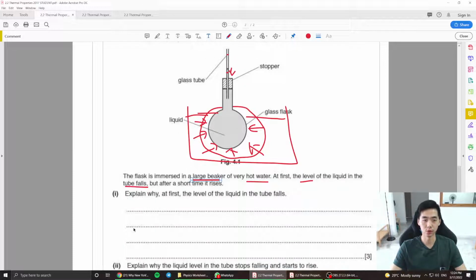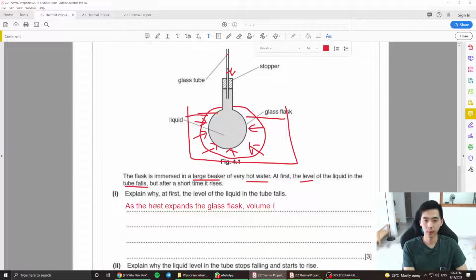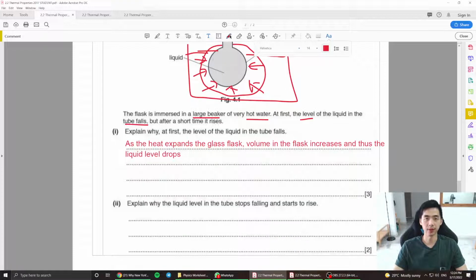And this is what you're supposed to answer. As the heat expands the glass flask, the volume in the flask increases, and thus the liquid level drops.